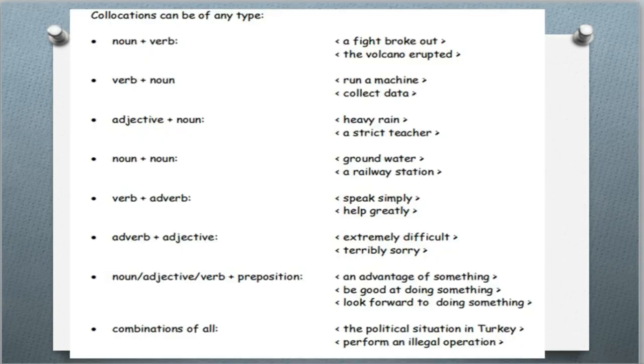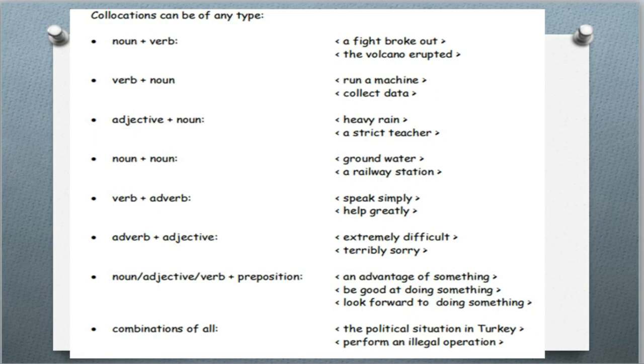And here is the list of different types of collocations. In fact, collocations can be of any type. We can have noun plus verb. A fight broke out. Verb plus noun. Run a machine. Adjective plus noun. Heavy rain. Noun plus noun. Groundwater. Verb plus adverb. Speak simply.